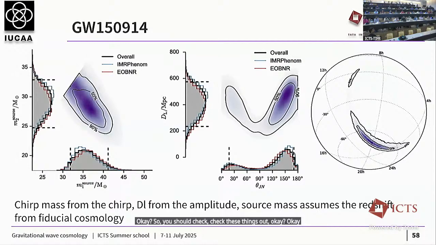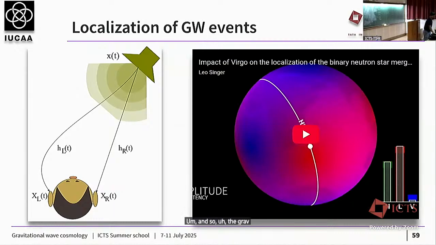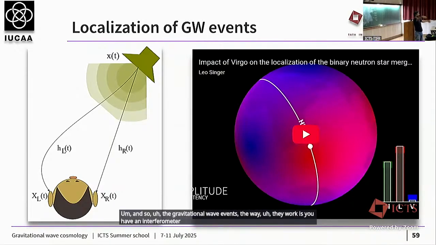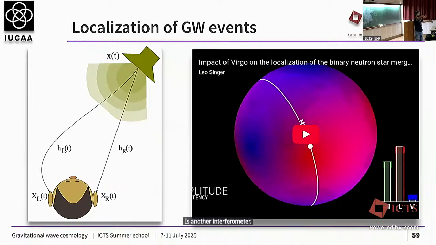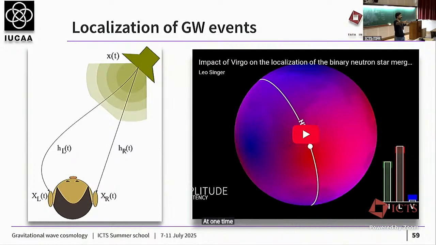Then the other thing that you can do is the localization of these gravitational events, and this is the last thing before we stop. The way gravitational wave detection works is you have an interferometer at one place, and another interferometer elsewhere. If a gravitational wave is traveling from that direction, it will reach the first interferometer at one time, and the other at another time.